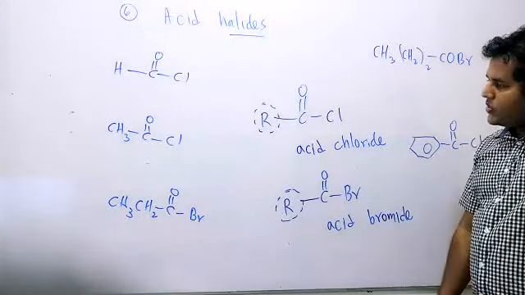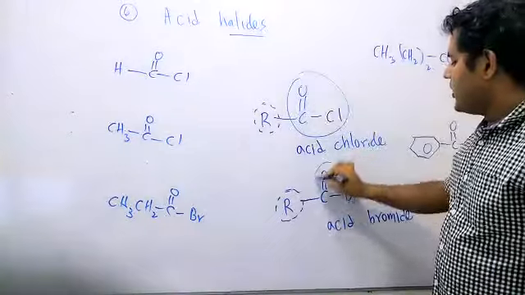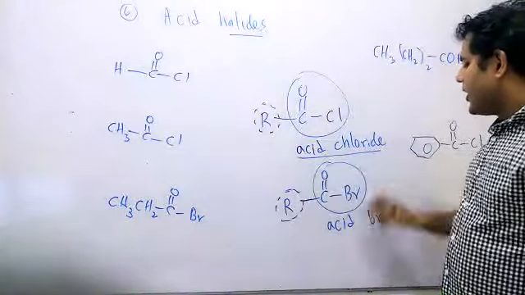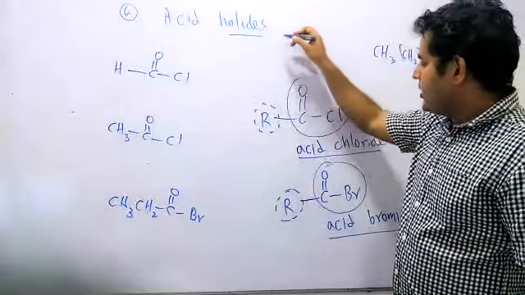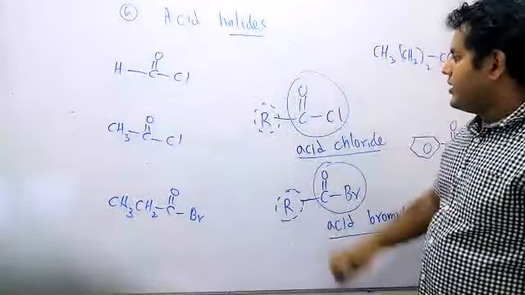When we are writing the name, we have to know the name of acid halides. When you have COCl or COBr, how do we refer to it? Acid chloride or acid bromide. Generally it is called acid halide or chloride.